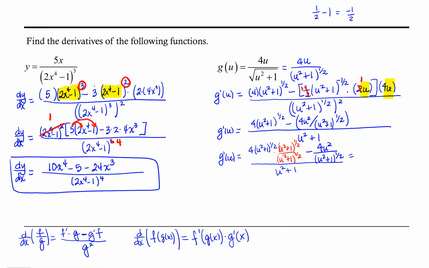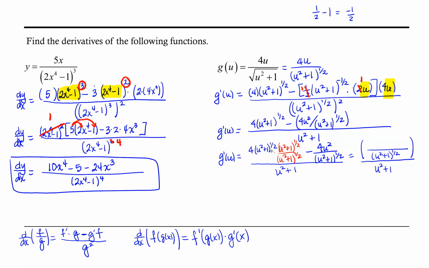So let's see what this looks like. Our main denominator is u squared plus 1. Within our numerator, we now have a denominator that is u squared plus 1 to the 1/2 power. And now if I combine my two numerators, this first term minus this second term, let's see what happens.